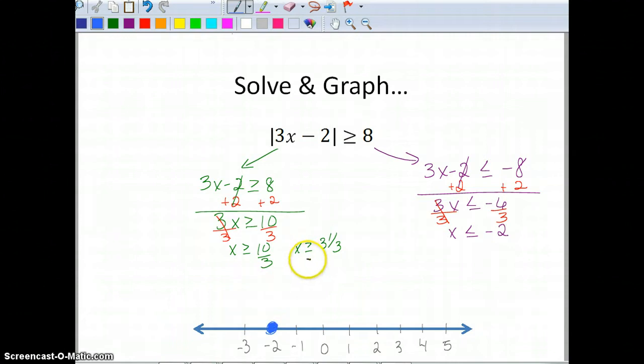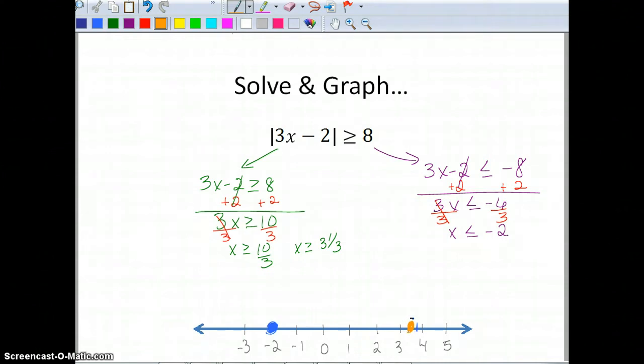And then my next point is going to be at 3 1/3. Well, I like thirds because all I have to do is break this little piece in between 3 and 4 up into 3 pieces. And I know that my 3 1/3 is going to be at this first hash mark. And I also know that it's going to be a closed circle.